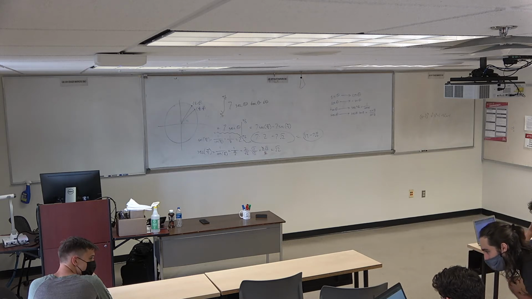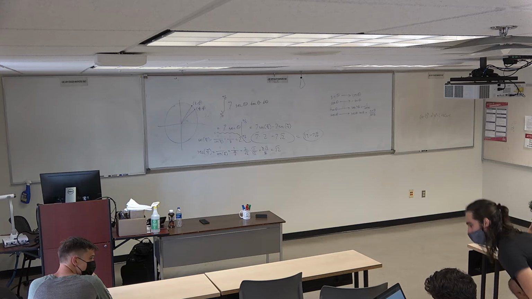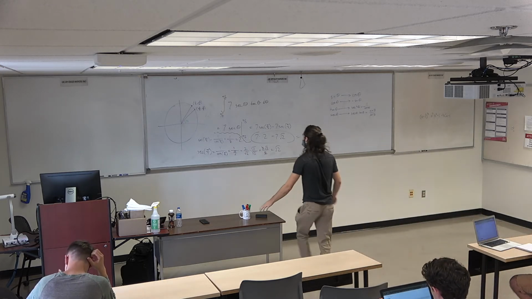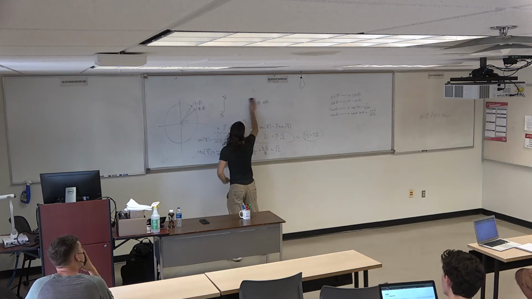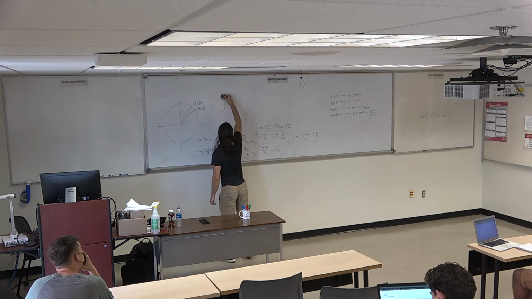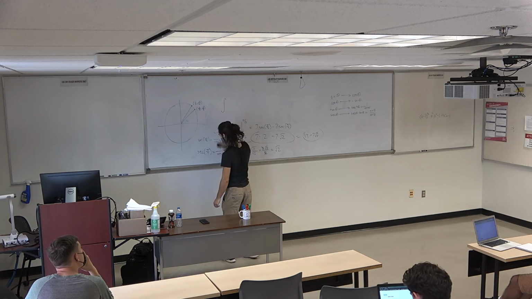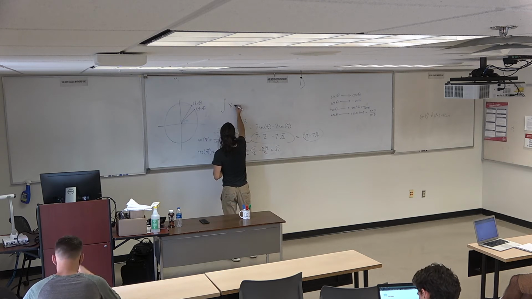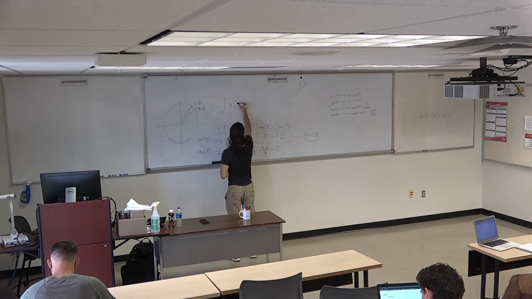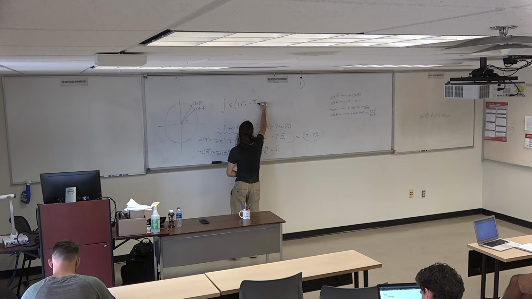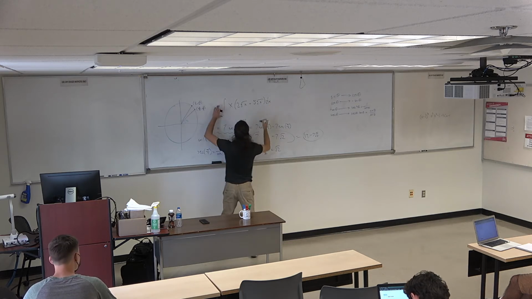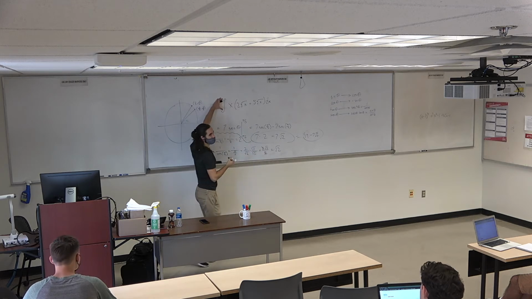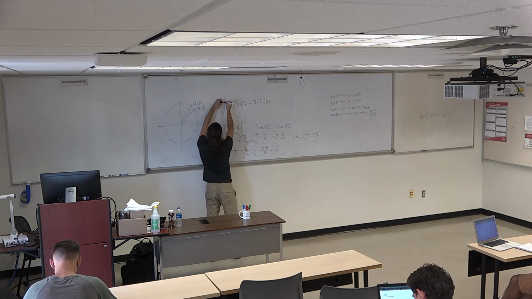Okay, the integral of x times 2 times the cube root of x plus 5 times the fourth root of x dx. And were there bounds on that? Yeah, 0 to 1. Love it. Okay.